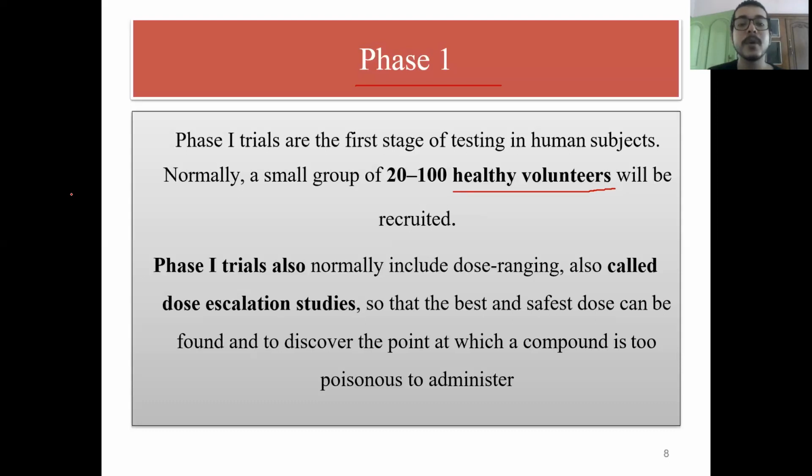Phase 1 trials also normally include dose ranging, also called dose escalation studies, so that the best or safest dose can be found, and to discover the point at which the compound is too poisonous to administer. So here the dose selection is being done, as you have already studied about therapeutic index.